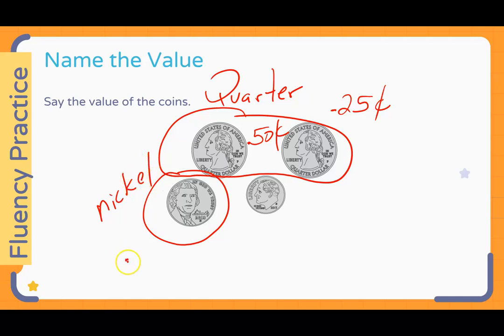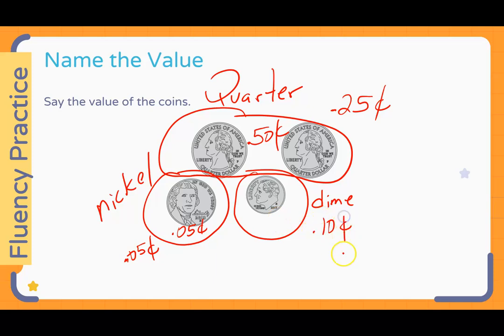How much is it worth? 5 cents. How much do we have total? 5 cents. What coin is this? Dime. How much is it worth? 10 cents. How much do we have total? 10 cents.